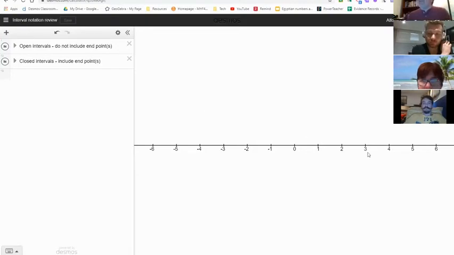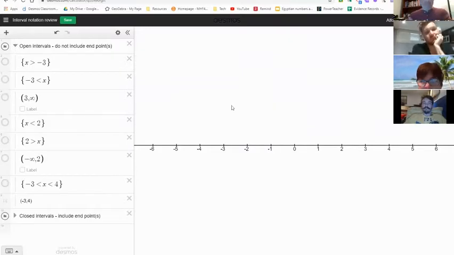So we have here a number line, and we're going to illustrate this number line, and we're going to use notation for intervals. So there are two types of intervals, one that we call open intervals. And these intervals do not include the endpoints. And let's talk about what the endpoints are. So let's look at the very first one here.